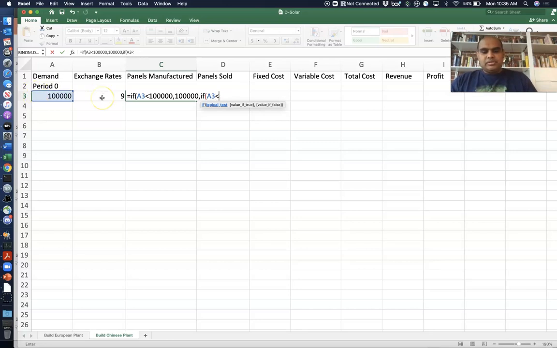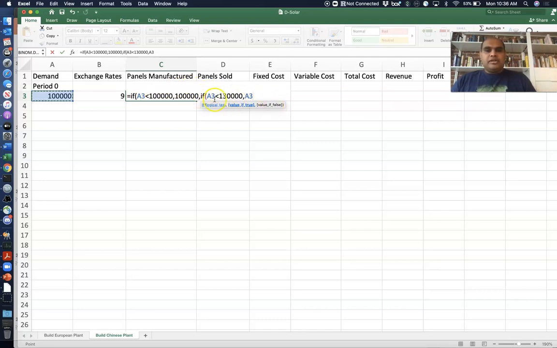because we use less, let's use less again. Less than 130,000. Demand is less than 130,000. Then whatever the demand you have, that will be your demand. So let's say demand is 120,000. If demand is 120,000, then the first check is failed, right? 120,000 is not less than 100,000. So this is false.